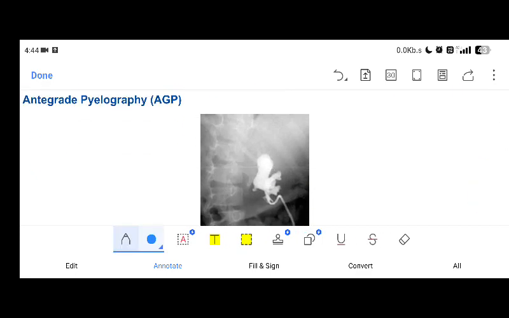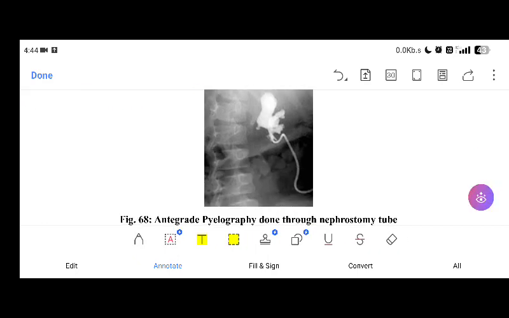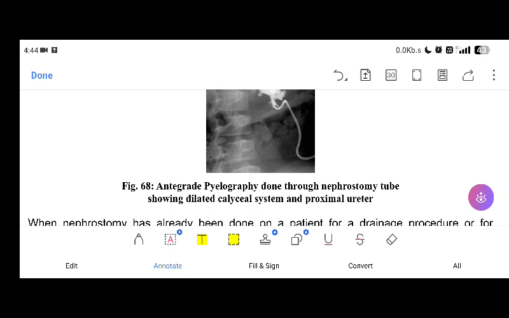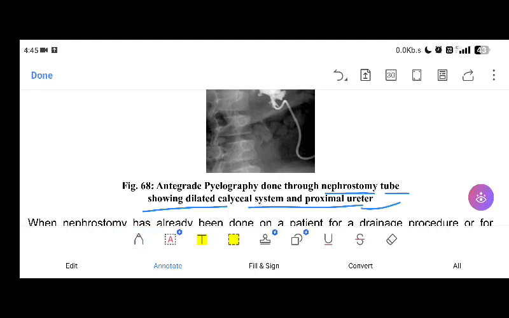Now, antegrade pyelography. So this is the antegrade pyelography image done through the nephrostomy tube, showing a dilated calyceal system and proximal ureters.